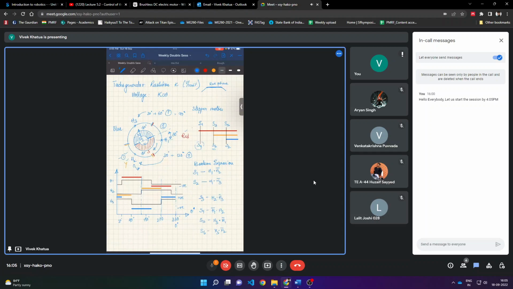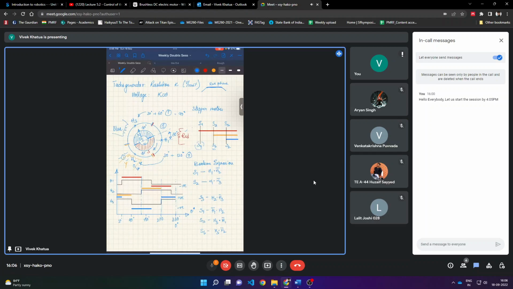Here you can see the red phase, your coil will actually be here, right? So I am positioning my H1 in the middle of it. Maybe a few constructions will not have such a placement. Here you will have the yellow phase, and this will be your blue phase.